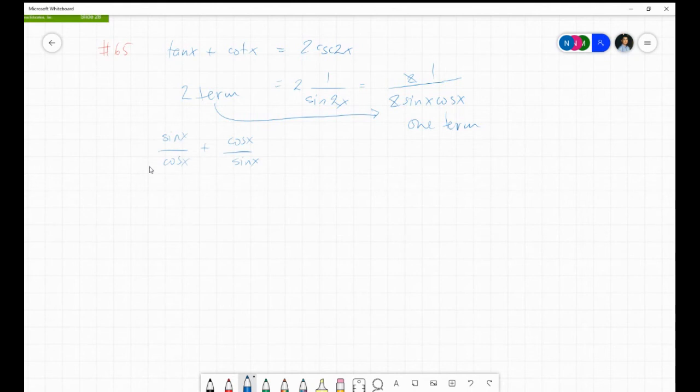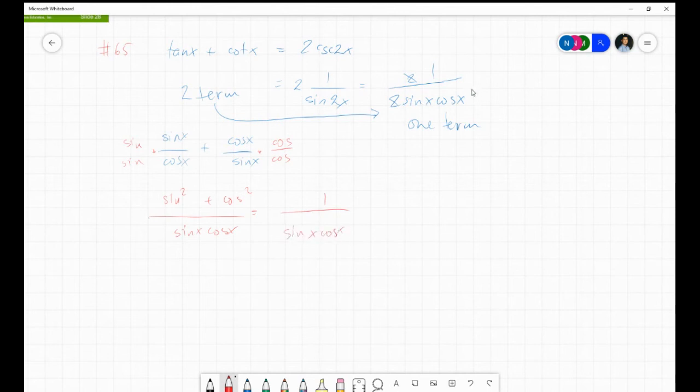And then we can combine both of them into one term. See how it's much easier to combine it so that we have one term, right? So we need sine and cosine over here. So here we have sine squared plus cosine squared over sine x cosine x. So now you can see this equals 1 over sine x cosine x.